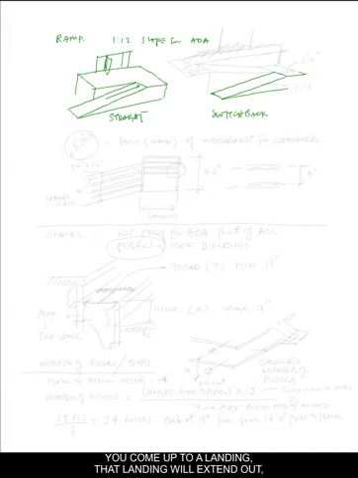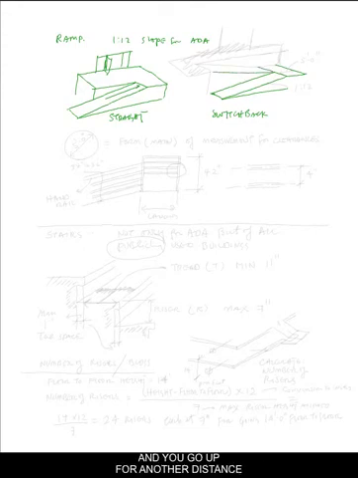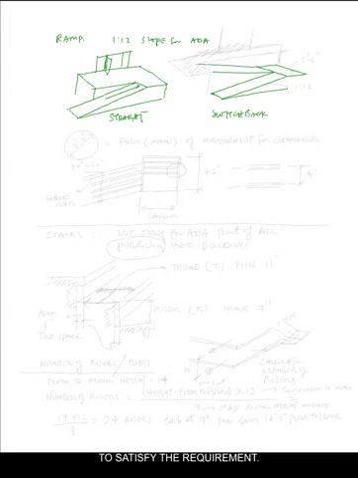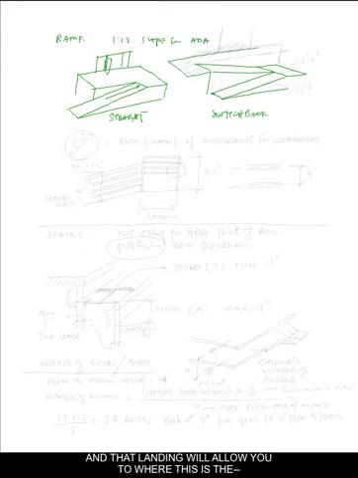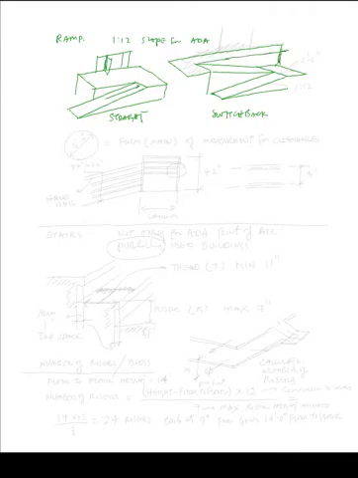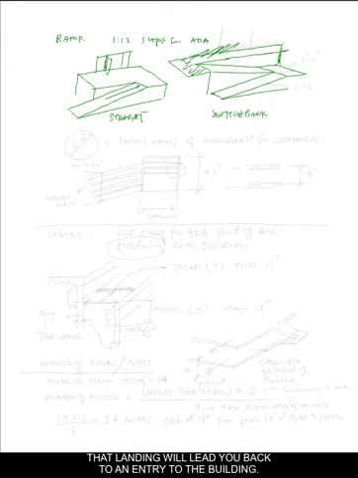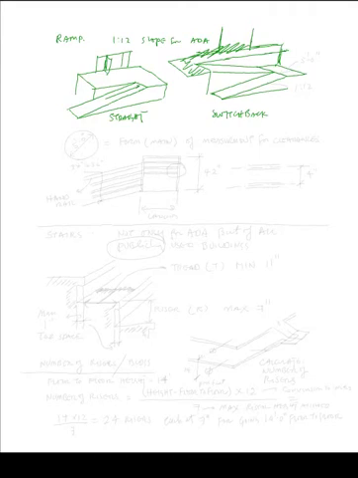That landing will extend out, and you go up for another distance of whatever that length is required to satisfy the requirement. And then at that point you come into a landing, and that landing will lead you back to an entry to the building. 1 to 12.